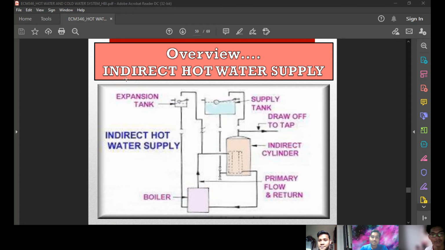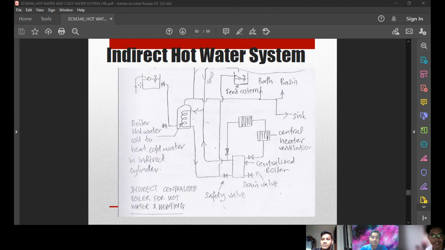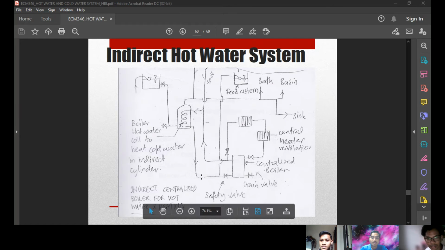This is our overview of the indirect hot water supply. This is the drawing that we can easily understand. The water from the tank goes to the boiler hot water coil to heat the cold water in the indirect system. And here is the safety valve.